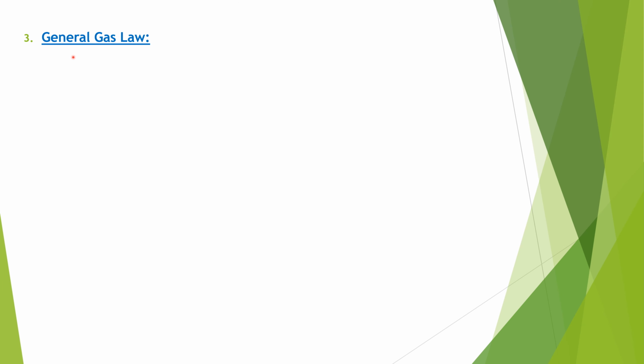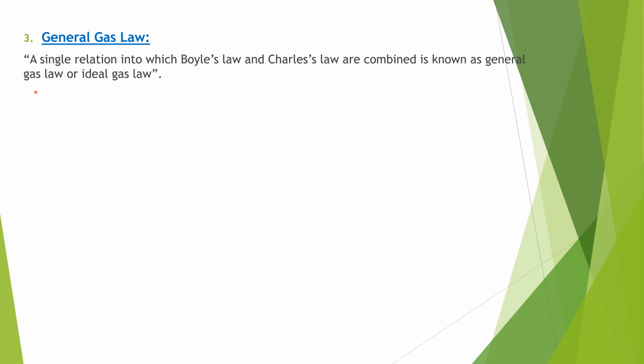Okay, now for the verification of the general gas law. The general gas law is simply a combination of Charles' law and Boyle's law. It is a single relation into which Boyle's and Charles' laws are combined, and is also known as the ideal gas law.